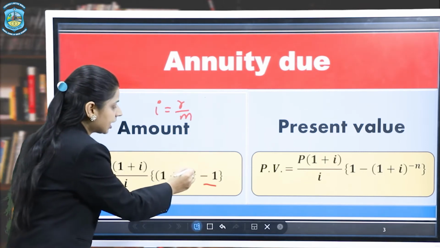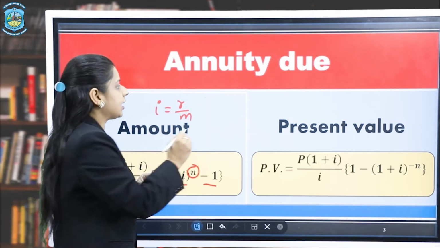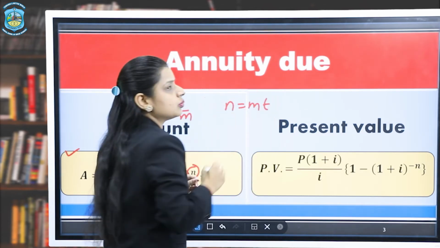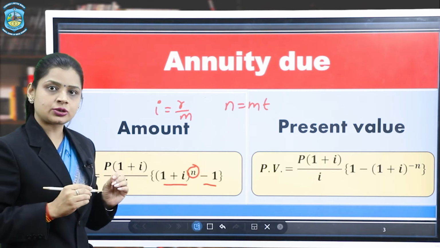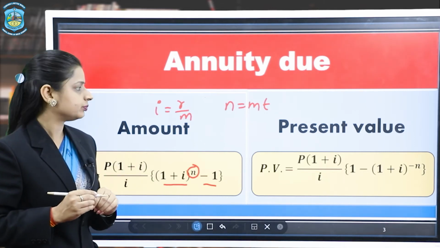The term n means the term of annuity, and we may calculate n by using the formula n equal to mt, where m is the number of installments in a year and t is the time period.